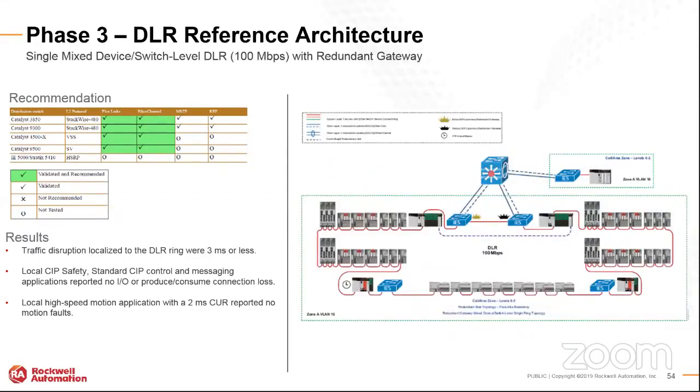The second test was the mixed ring, so a 100 megabit mixed ring with switches and devices with the redundant gateway, and again, flex links and ether channel wound up being the recommended solutions for the resiliency protocol on the uplink.